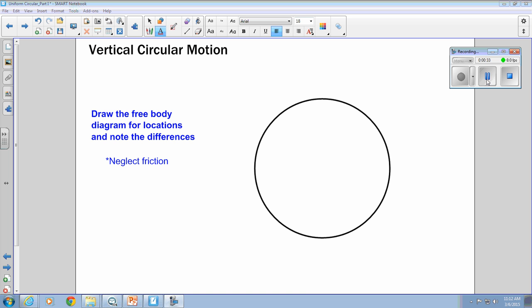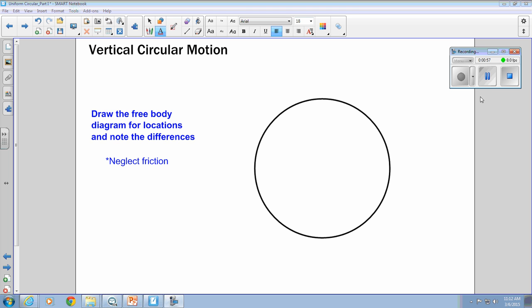So think of someone going in a loop, loop to loop, airplane making a vertical circle in the sky, roller coasters, things of that nature.